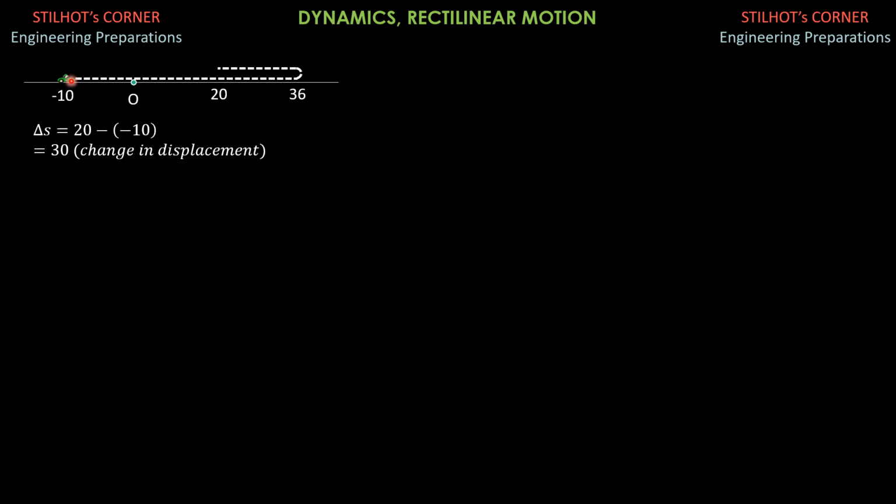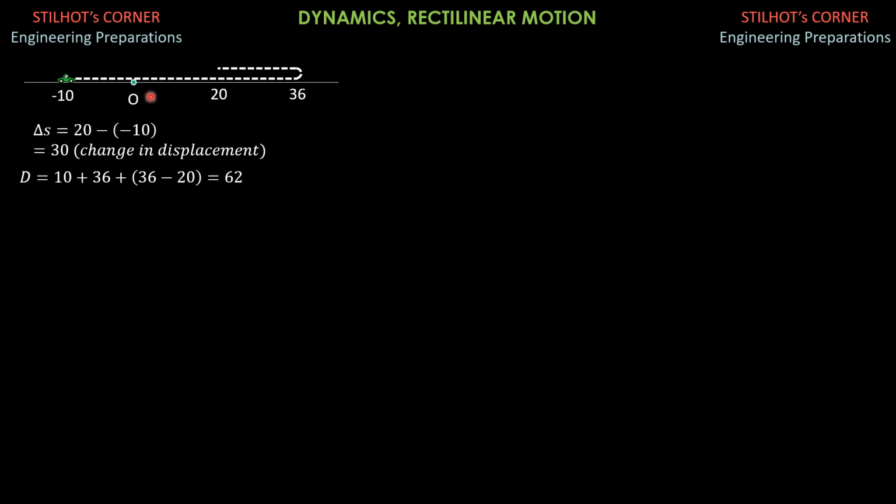So the actual distance traveled by the particle is 10 plus 36 plus (36 minus 20), so 10 plus 36 is 46 units, plus 16 units, which is 62 units.